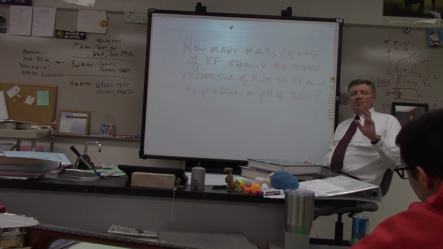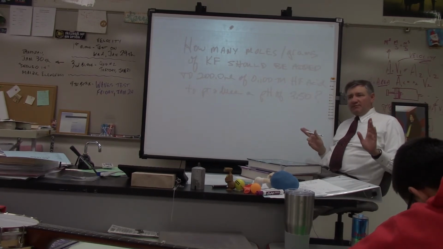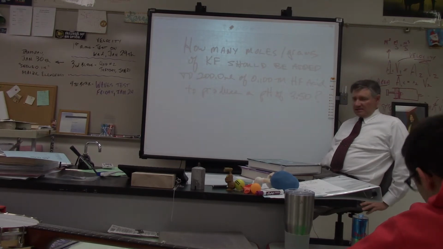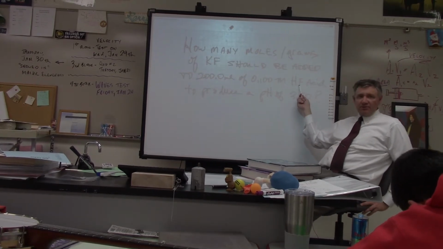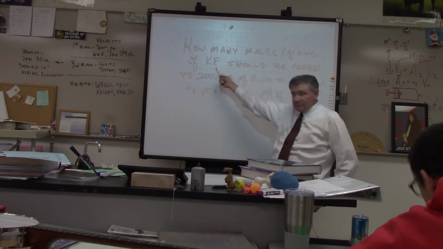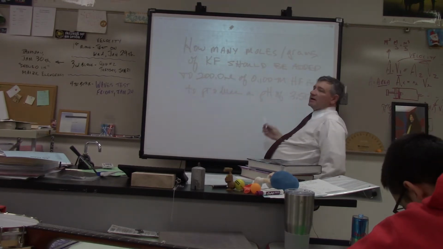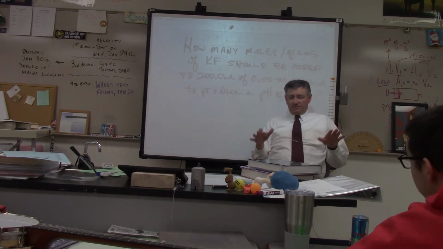So, first off, does it have the two things that I need to be a buffered solution? Yes. I've got the weak acid, hydrofluoric acid. And then I'm going to add the anion, off of the potassium fluoride, onto that, so now it becomes a buffered solution.